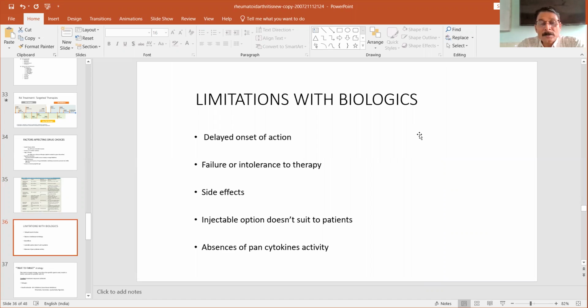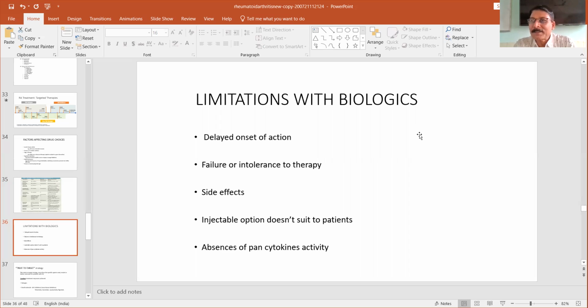There is also an absence of pan cytokine activity. Certain biologics are effective to certain peptides only. So some biologics are only effective to interleukin 1, interleukin 6, like that.